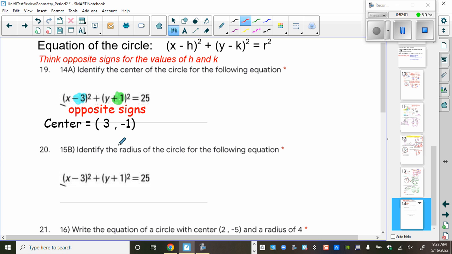Now, if you want the radius, here's what you do. You're going to need this 25, but the 25 actually represents r squared.